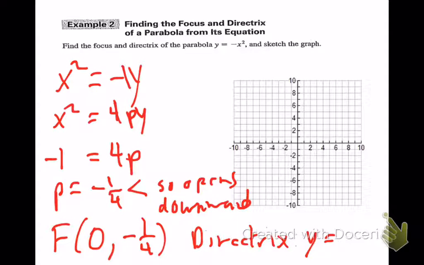Good. So then we can graph it. With that much space, it's hard to graph exactly 1/4. So as long as it's between 0 and 1, we can graph our directrix as that line.